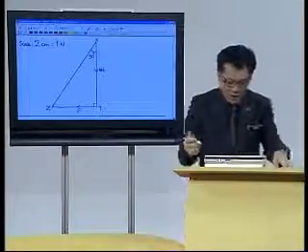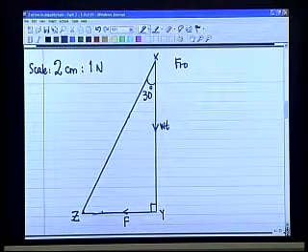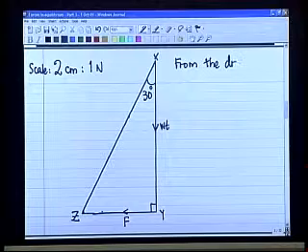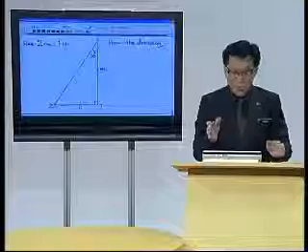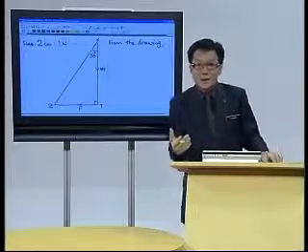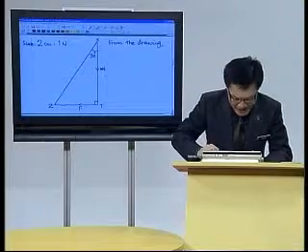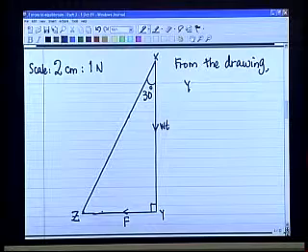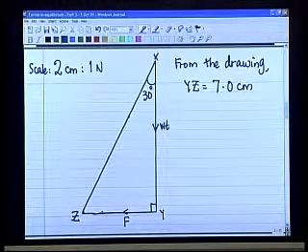Now I'm going to measure. I will write down, from the drawing, I will have to measure YZ because that is what I want to get. YZ is equal to 7.0 centimeters.